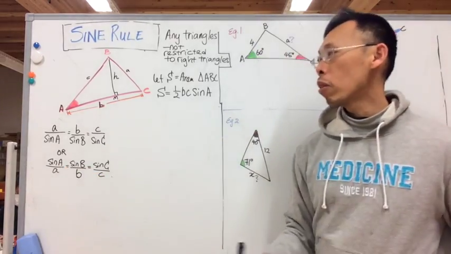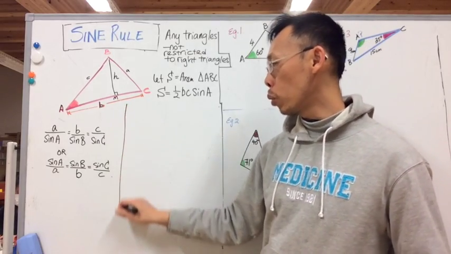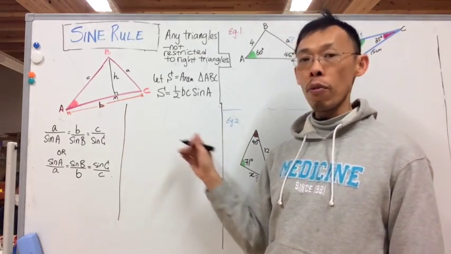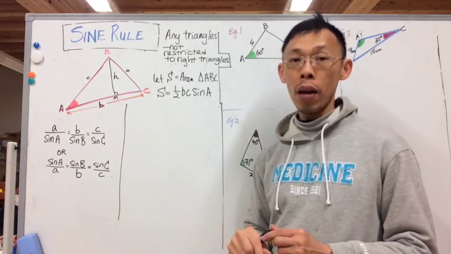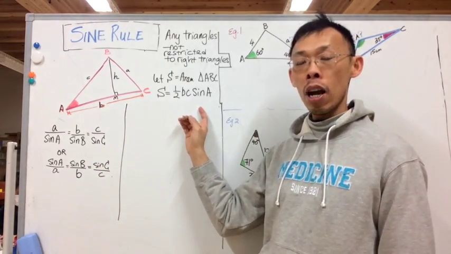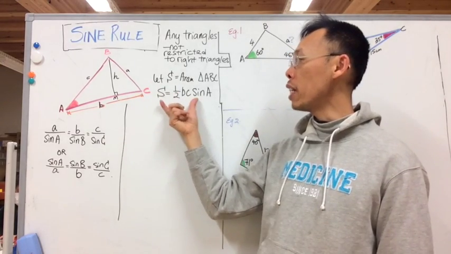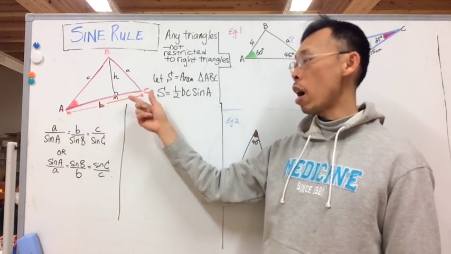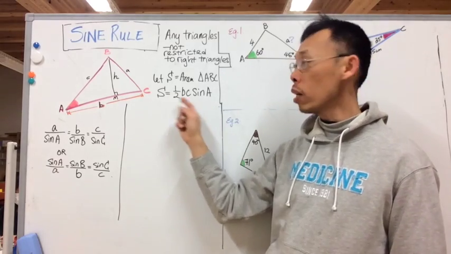Now I'm going to do a derivation of how this rule comes about. It's actually very simple. It comes from our previous topic where we obtained the area of this triangle using this formula.